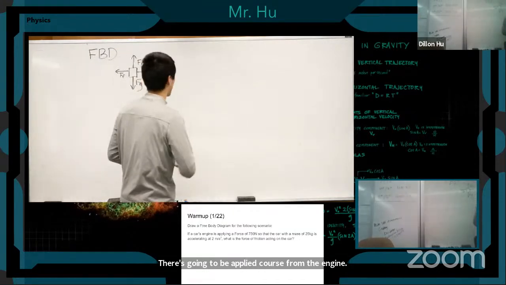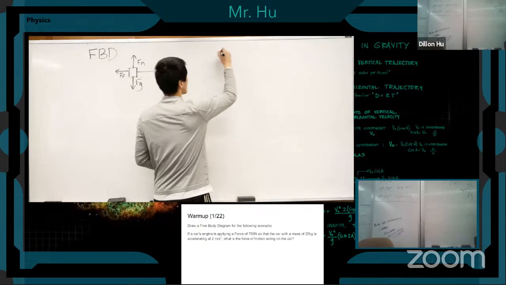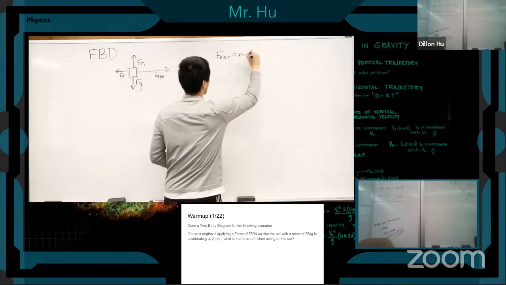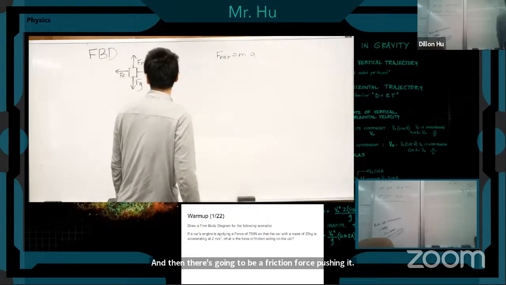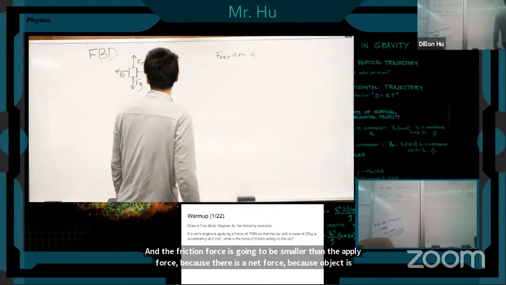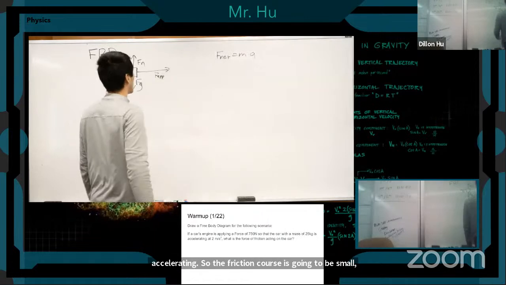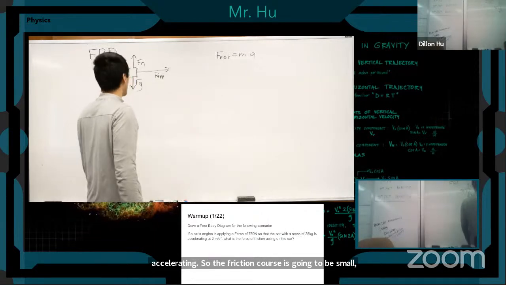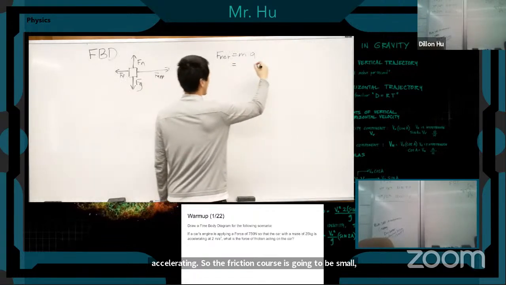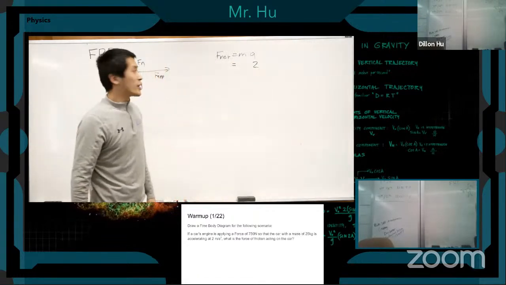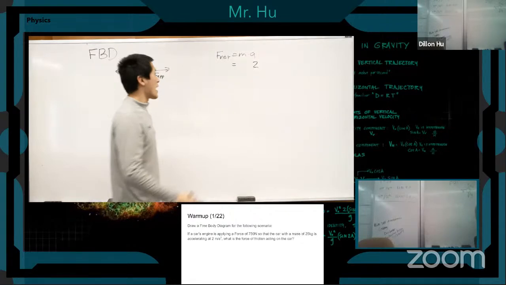In order to figure out the friction force, we're going to use Newton's second law, net force equals mass times acceleration. We're only going to work in the horizontal direction. We're going to ignore the vertical direction right now because we don't really need it. We know that the acceleration of the car is 2 meters per second squared. We know that the mass of the car is 25.